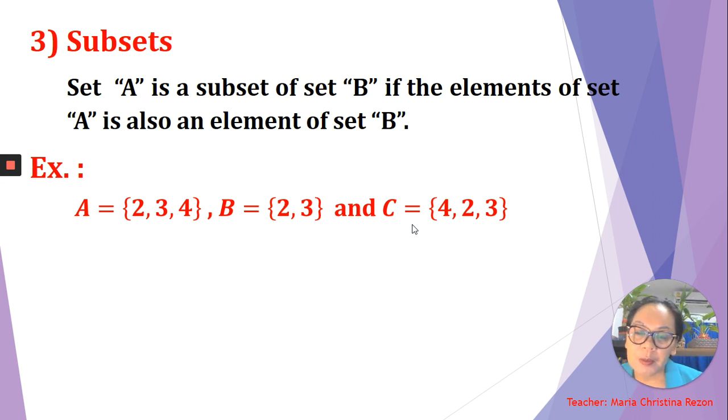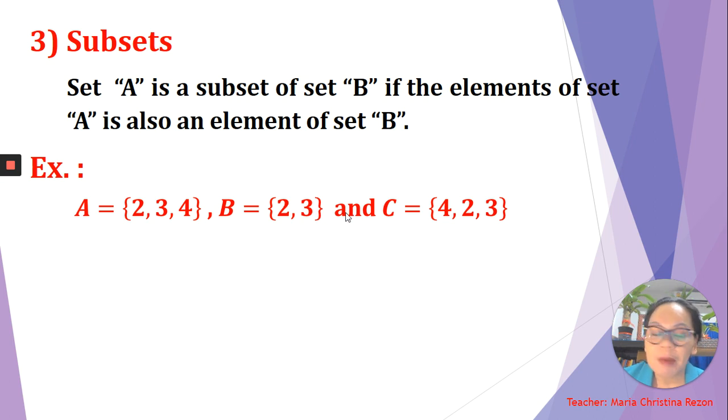Now, let's take a look. It says here any set A is a subset of B if the elements of A are also elements of B. Now let's have B and A. Try to compare the elements.